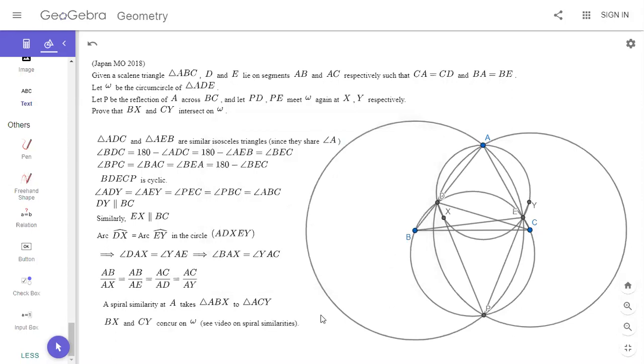And it's also just an easy angle chase if you don't know spiral similarities. Because if a similarity takes triangle ABX to triangle ACY, then there's also one that takes ABC to AXY.